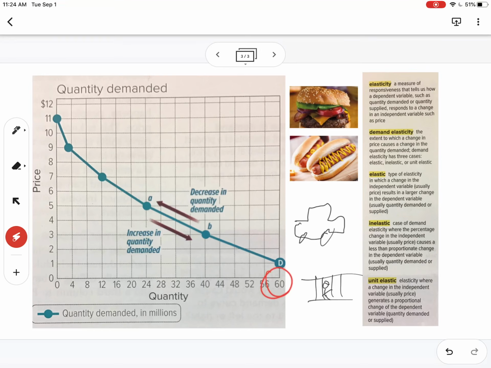You have to buy it. So your demand is going to remain the same. If you need 28 pills a month, even if the price goes up to $200, you still need those 28 pills a month to survive, right? So that's an example of an inelastic product.